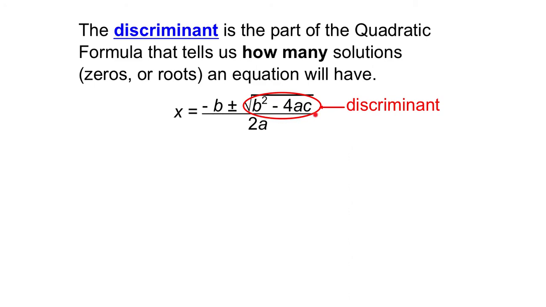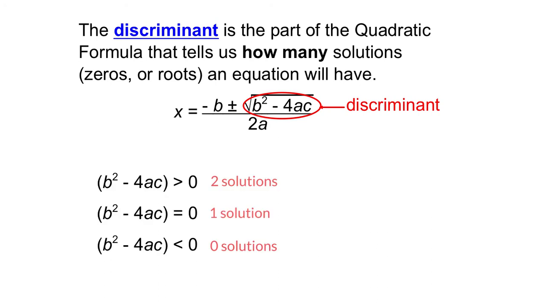Also, if your discriminant is positive, then you can take the square root of it, and if you add it or subtract it, you're going to get different answers. So if the discriminant is greater than 0, so if it's positive, you'll end up with two solutions, two answers to the equation. Or if you think about on a graph, you'd have two zeros, two x-intercepts, two roots.